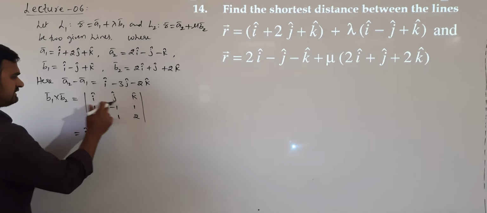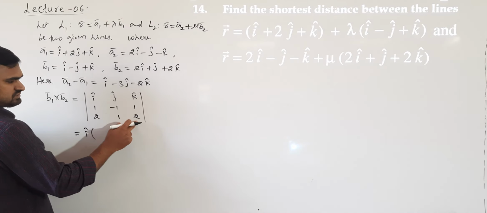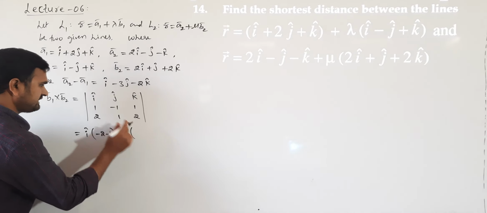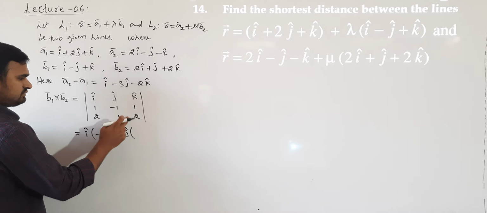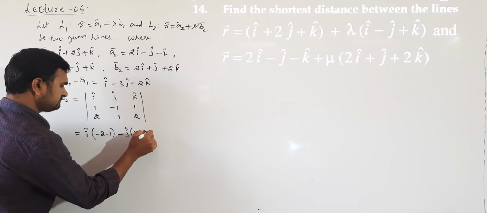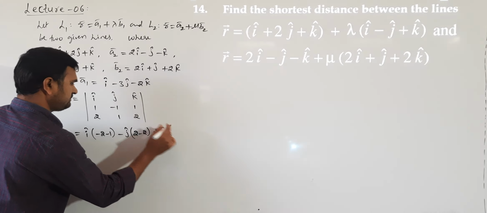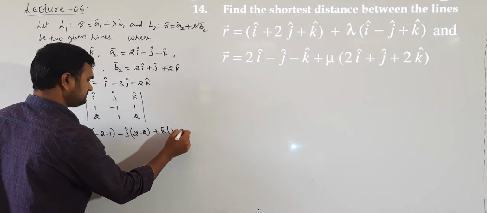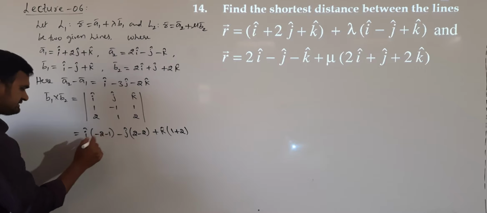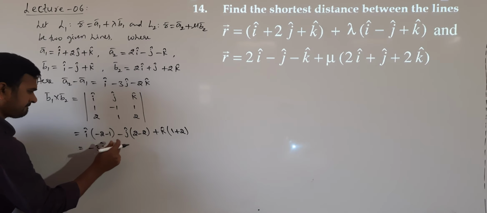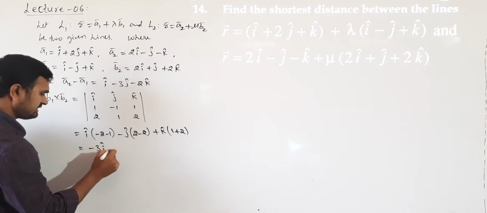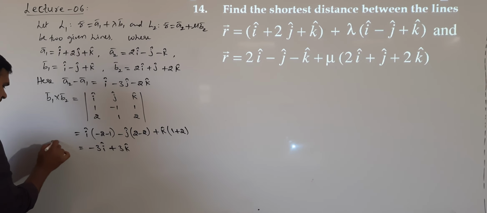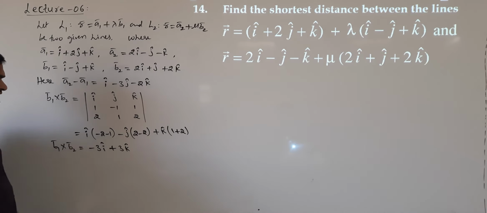So i into, deleting first row and column, minus 2 minus 1, minus j into, deleting first row and second column, 2 minus 2, plus k into, deleting first row and third column, 1 plus 2. So it is minus 3i, this is 0, plus 3k. So this is b1 bar cross b2 bar.